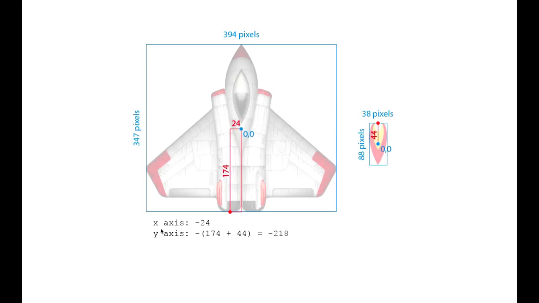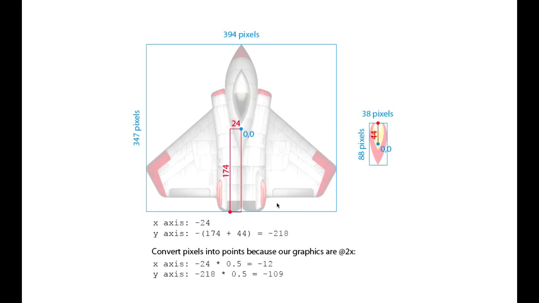So if we do a little bit of maths, we need to move it minus 24 on the x-axis, and then 174 plus 44 equals 218, so we need to move it to minus 218 on the y. But because these graphics are Retina, we need to convert that into points, so we need to divide those values by 2 because those are the pixel dimensions.